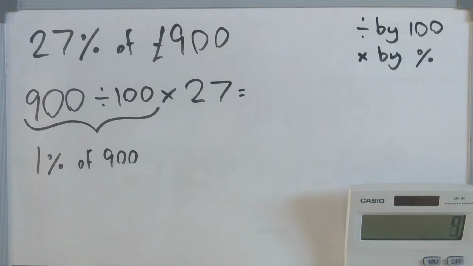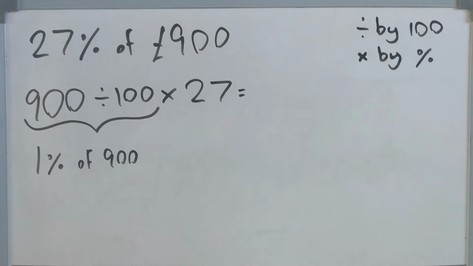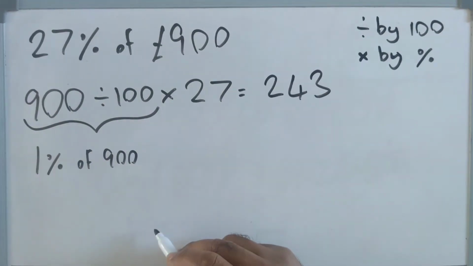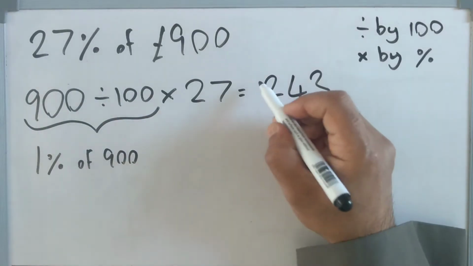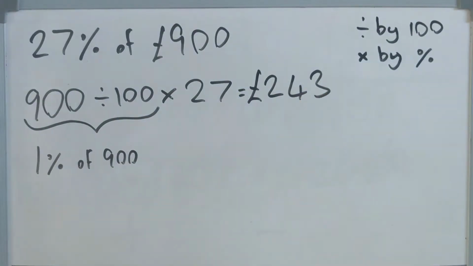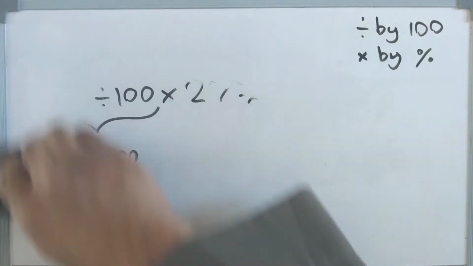It's 900 divided by 100 times 27 equals 243. And because we're talking about money, we're going to put the pound sign there. £243.